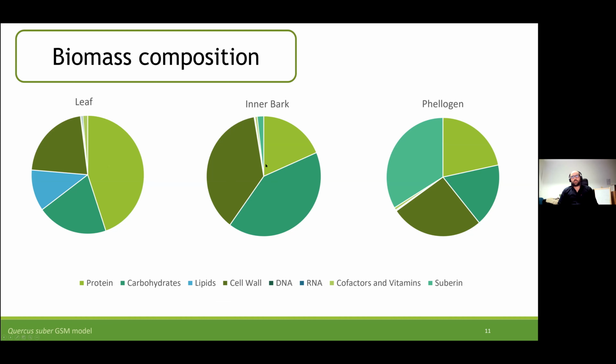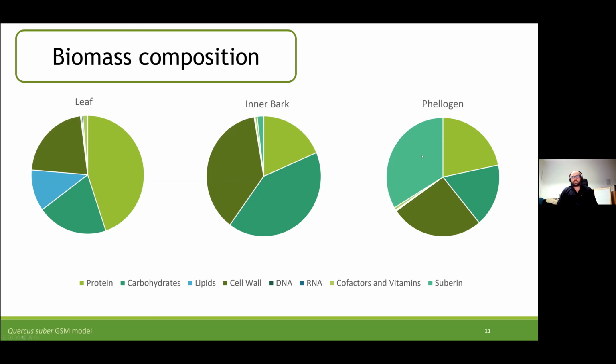Then for the inner bark and phellogen, we used available publications with an analysis of the biomass composition, and we can see that it's really different because for the inner bark, most of the biomass is carbohydrates and cell wall, and a smaller portion of protein.